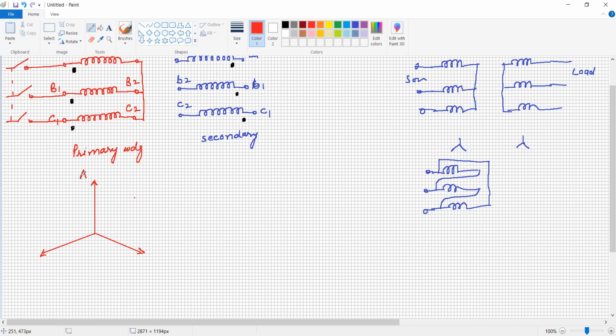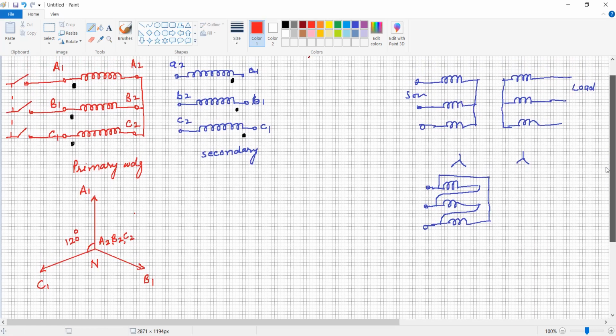This is A1, this is B1, this is C1. They are 120 degrees apart from each other. Terminals A2, B2 and C2 are joined together, and the neutral of the primary winding is denoted by capital N. The EMF induced in the secondary winding is in the direction of A2 to B1.